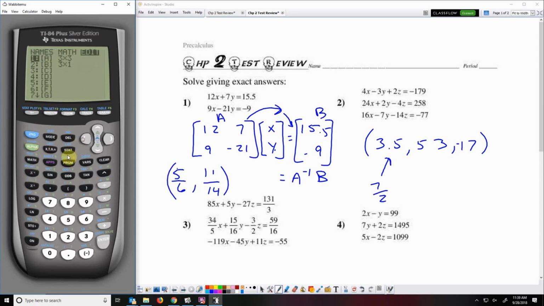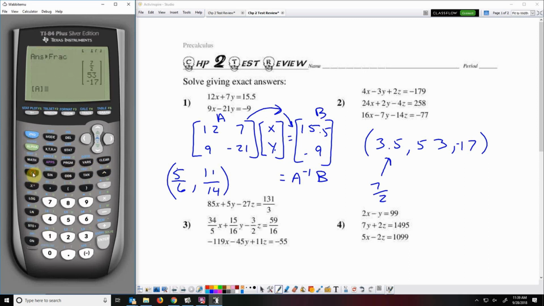Over to edit matrix number 2 to the 3 by 1, so we'll keep it as it is. So 131 over 3, 59 over 16, and negative 55. And I'll quit matrices. We'll get to the home screen. Second matrix 1 inverse. Oops, I gotta clear that out.